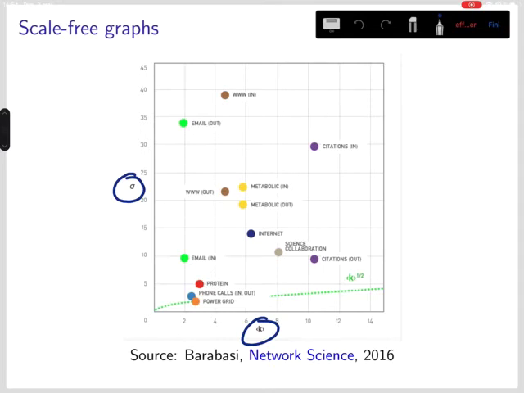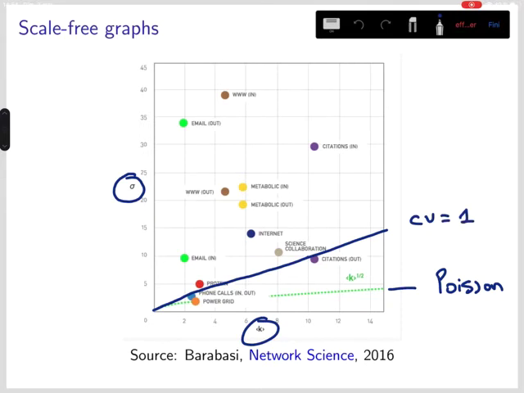The green dots correspond to a Poisson distribution, so let's say a random graph, and for a coefficient of variation equal to 1, you would get something like that.